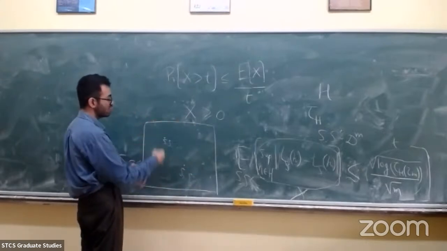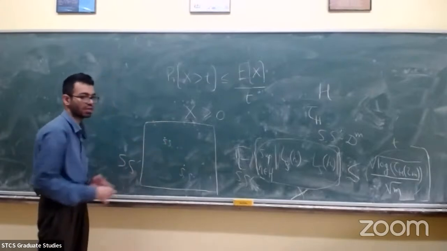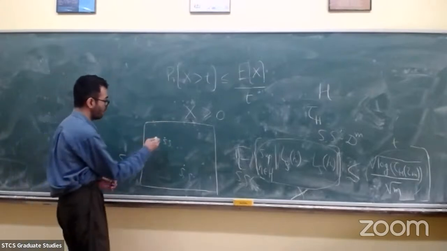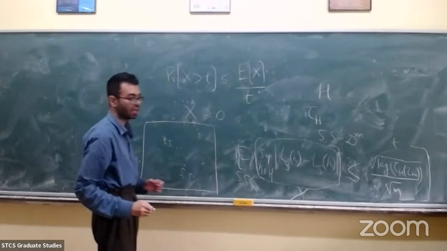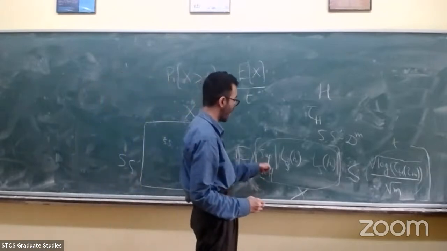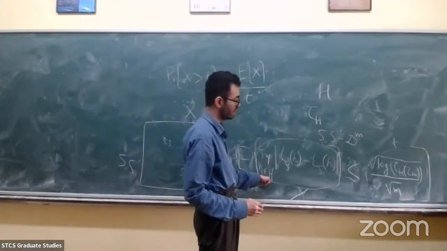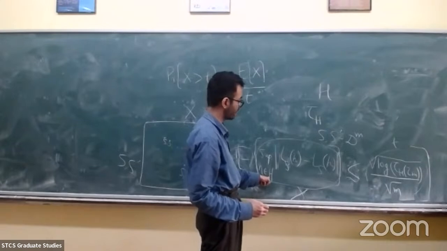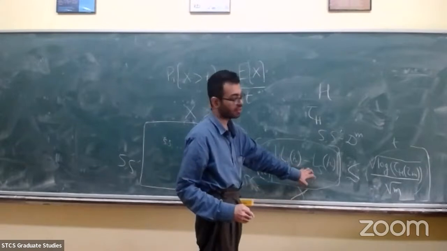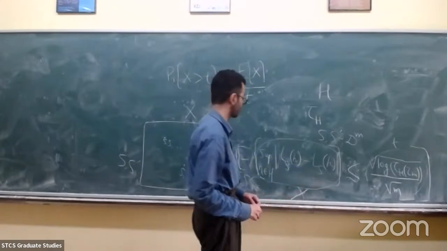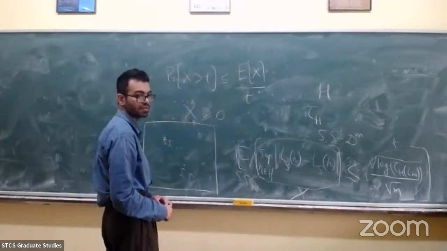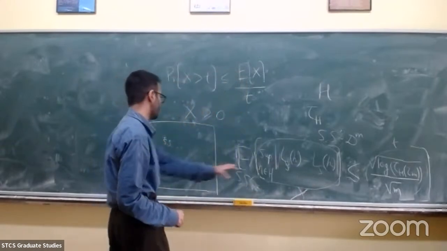For each possibility here, I'm looking at the maximum over every hypothesis in my class of the difference between the two empirical losses between S1 and S1 prime, taking the max.